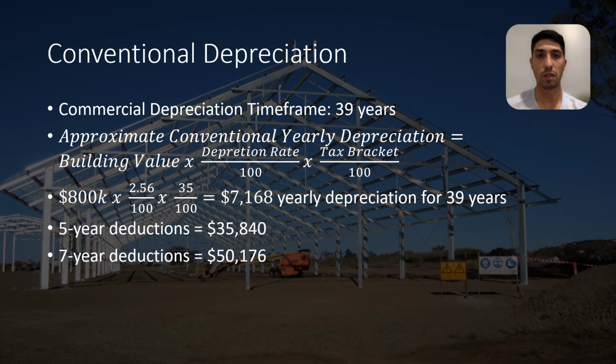Using the formula for conventional depreciation listed below, we come up with $7,168 in yearly tax deductions, which can be claimed each year for 39 years. This equates to deductions of $35,840 at 5 years and $50,176 at 7 years. Now, this might seem like it's pretty good, but cost seg is even better. Let's check out why.